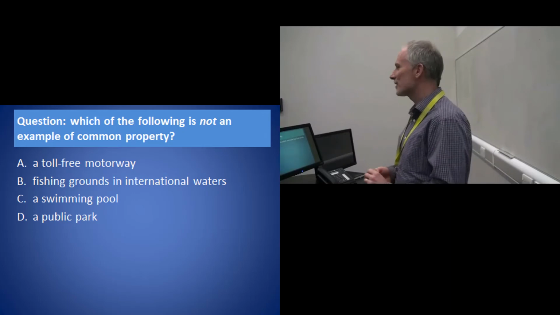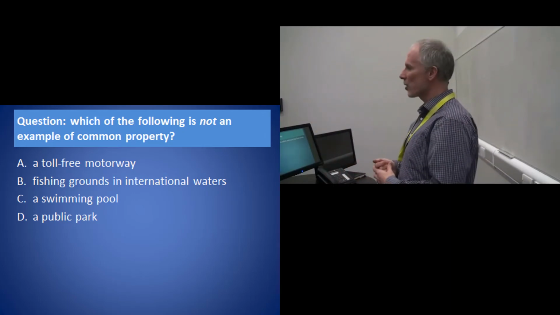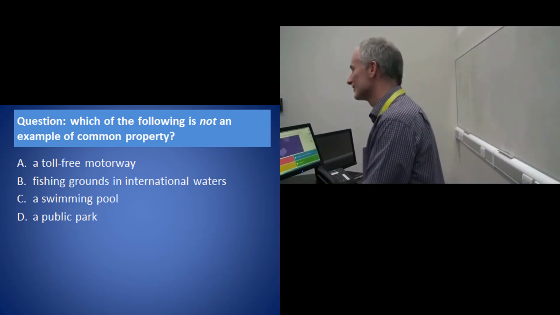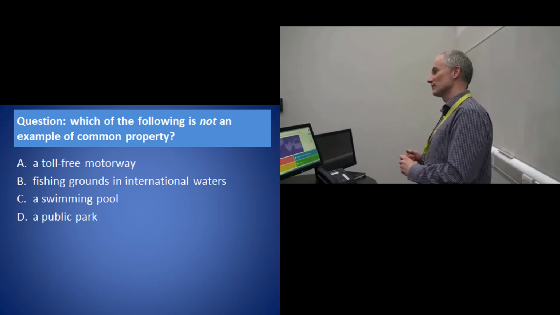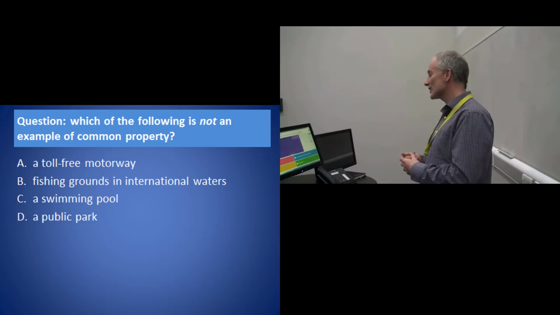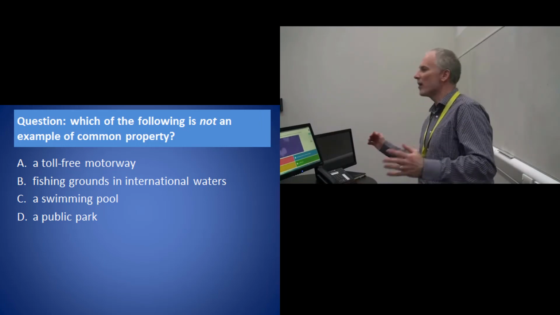But what I want you to do for the moment is just reflect upon what common property is. What I want to know is which of the following is not an example of common property. Right? A toll-free motorway, fishing grounds in international waters, a swimming pool, or a public park.